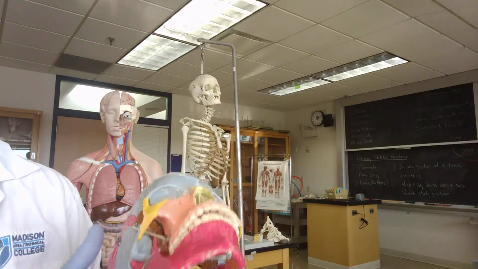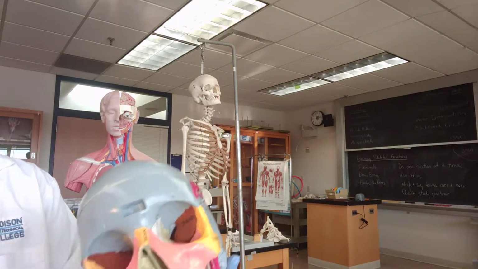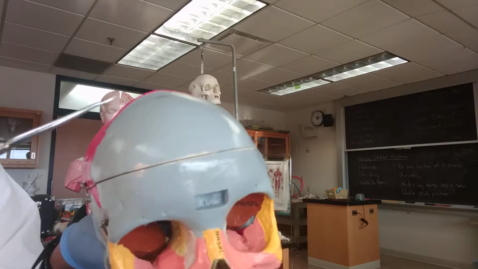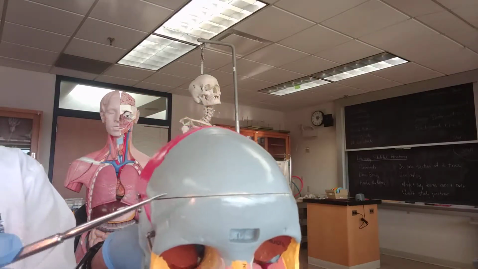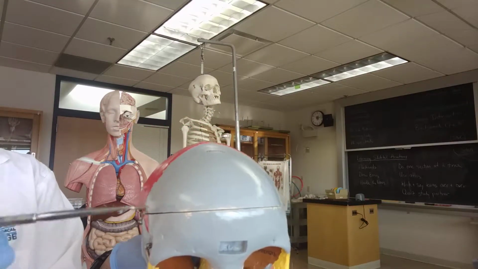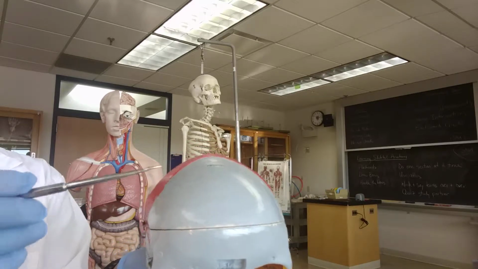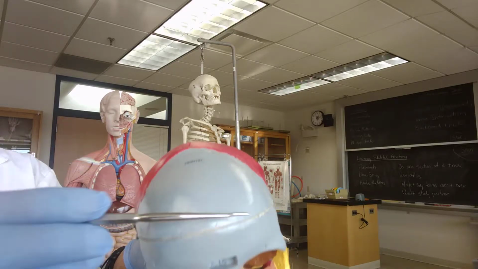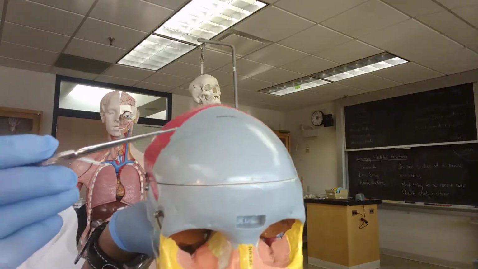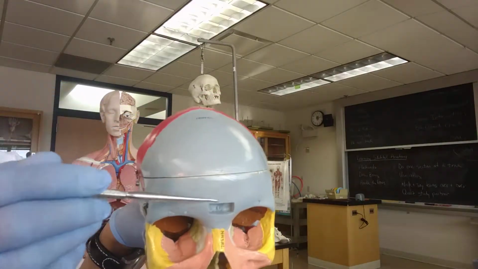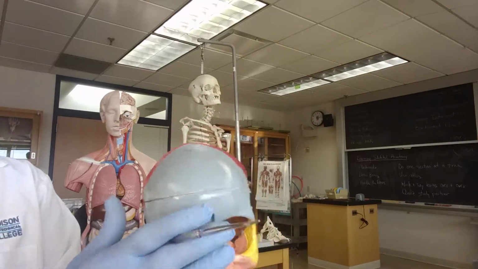And in the front of the skull, we have a bigger flat bone here. By the way, the bones of the cranium specifically are flat bones. This is the frontal bone. The blue one is the frontal bone.